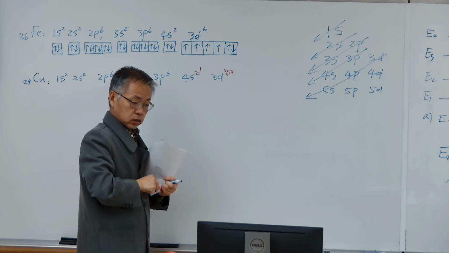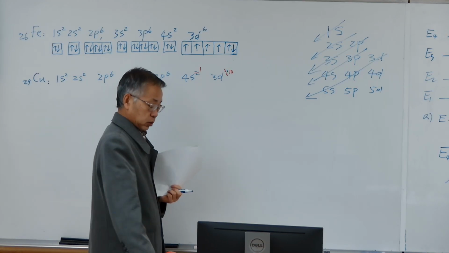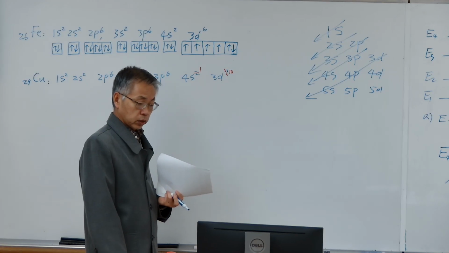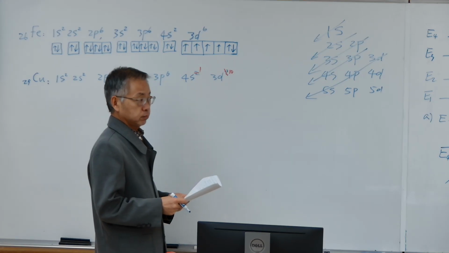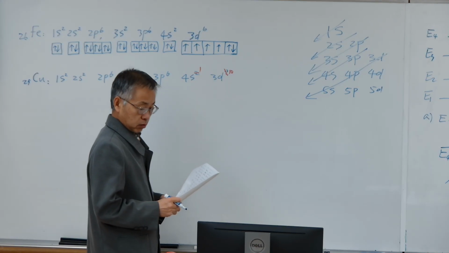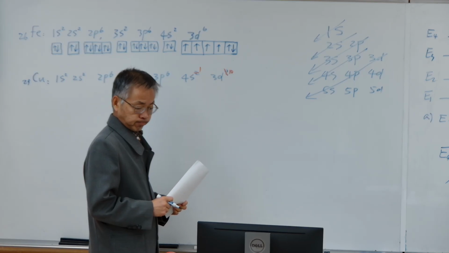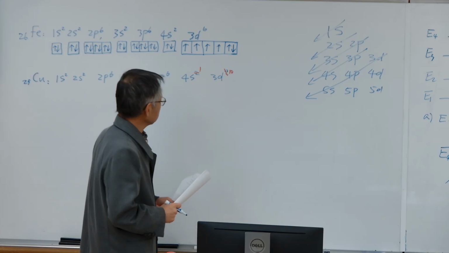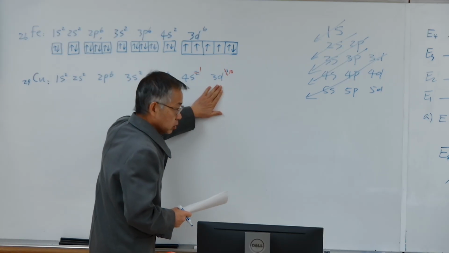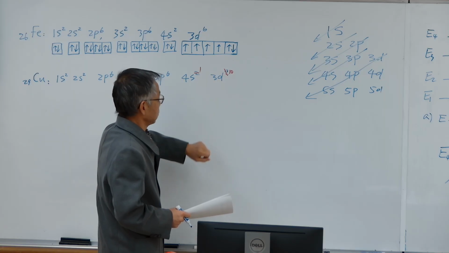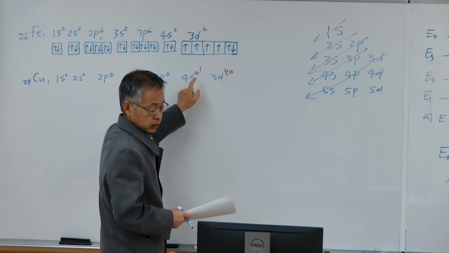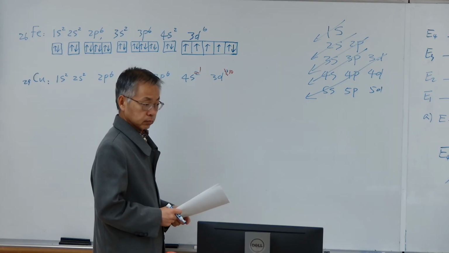We learned in chapter 7 that a full or completed subshell is more stable. We have this example on the last slide of the PowerPoint. So this completed subshell is more stable: not the expected 4s2 3d9, but 4s1 3d10.